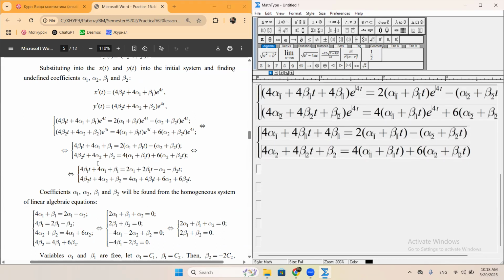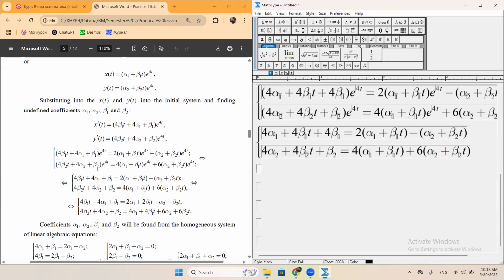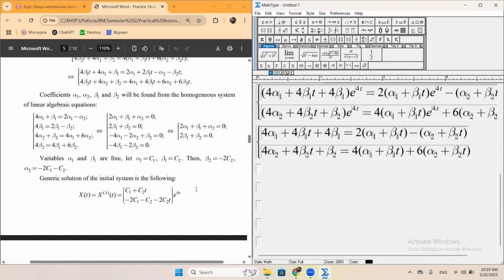For 4 alpha 1 plus 4 beta 1 t plus beta 1, yeah. So correct, and this one is correct as well. Okay, so let's believe these recordings.